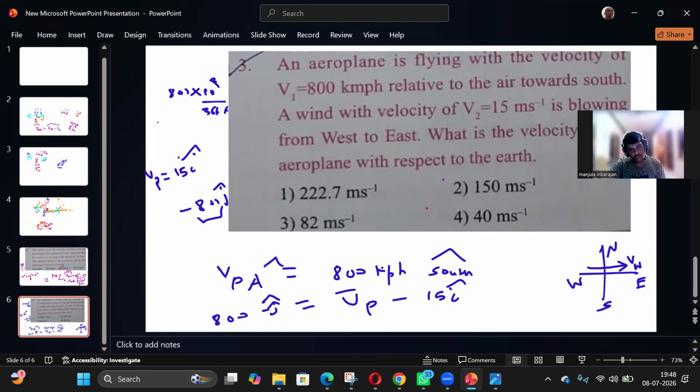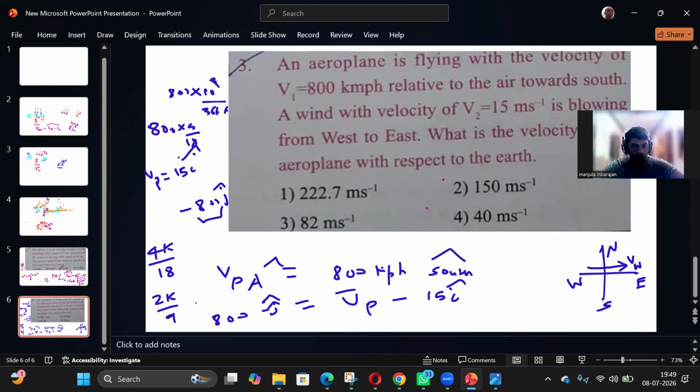So 800 into 5 by 18 is 4000 by 18, which is 2000 by 9. So this squared plus 15 squared.